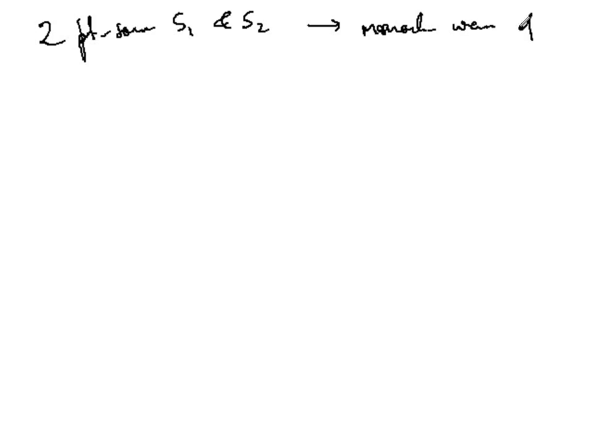So let us, for the sake of simplicity, consider 2 point sources, S1 and S2, which are emitting monochromatic waves of the same frequency in a homogeneous medium.